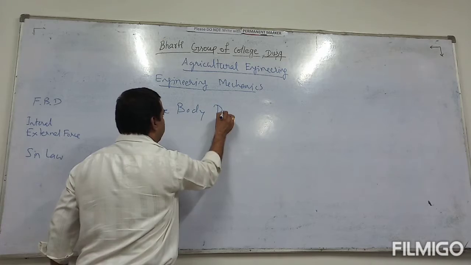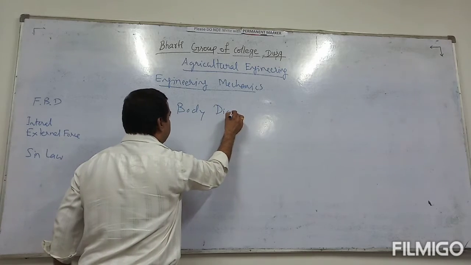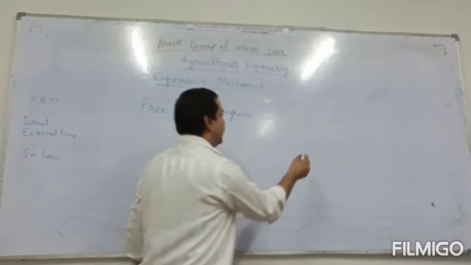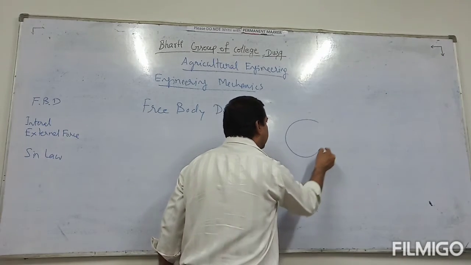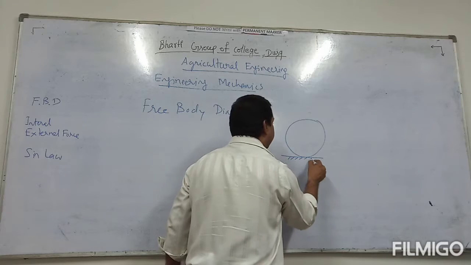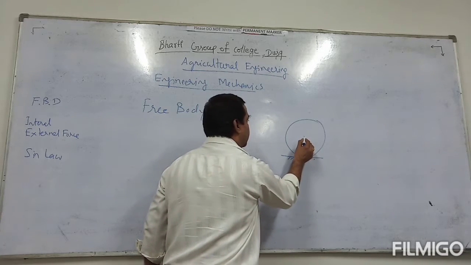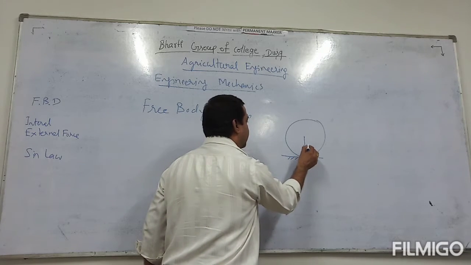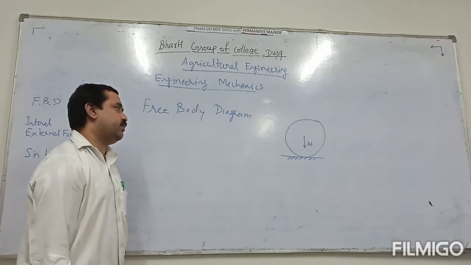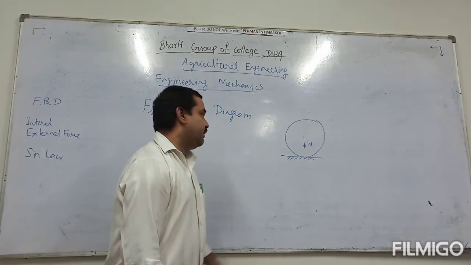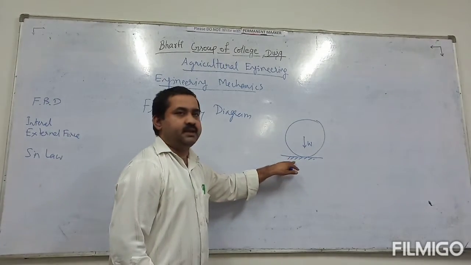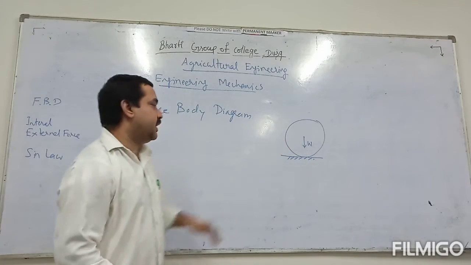Free body diagram. If a body, like a ball, is resting on a plane, a weight W acts downwards on the ball. We have to make the free body diagram by replacing the ground with the reaction.